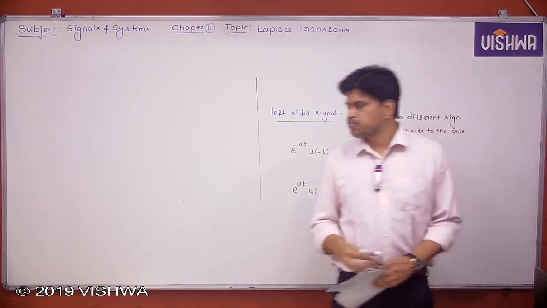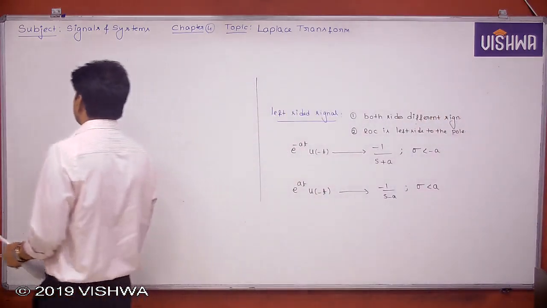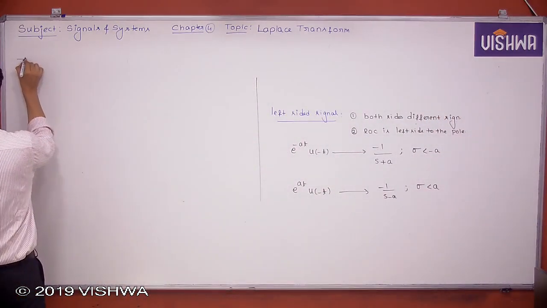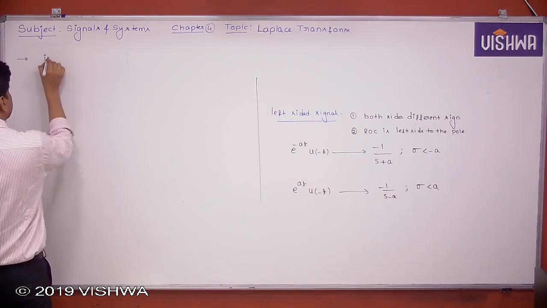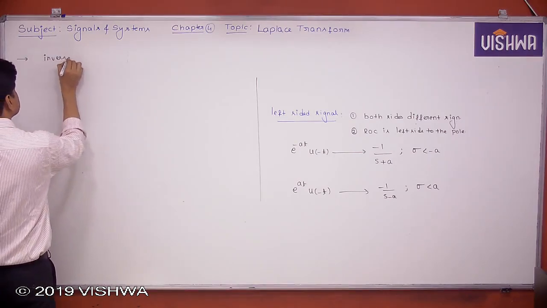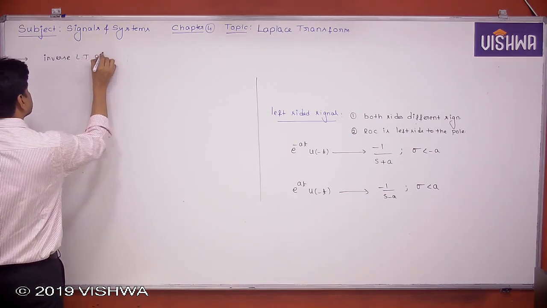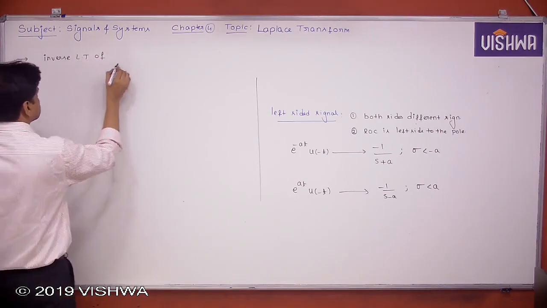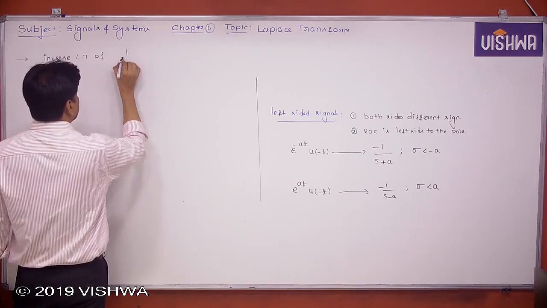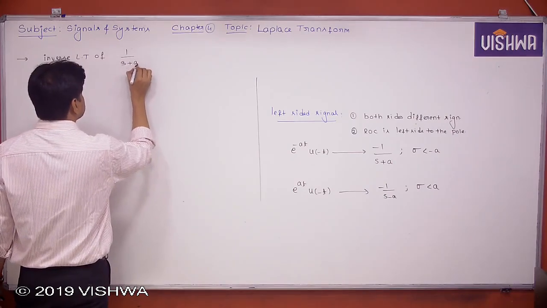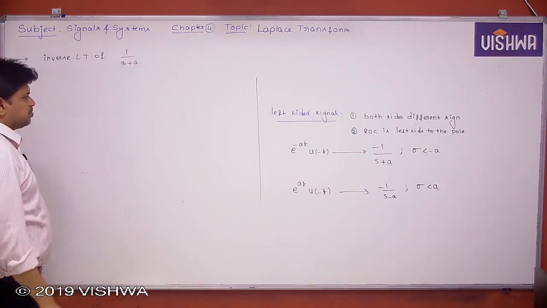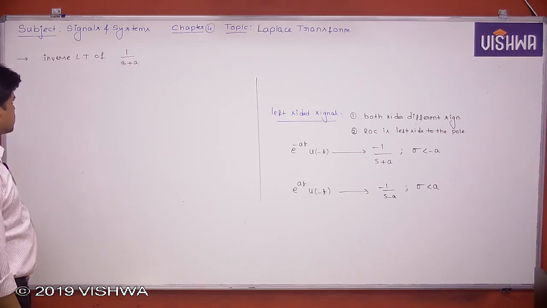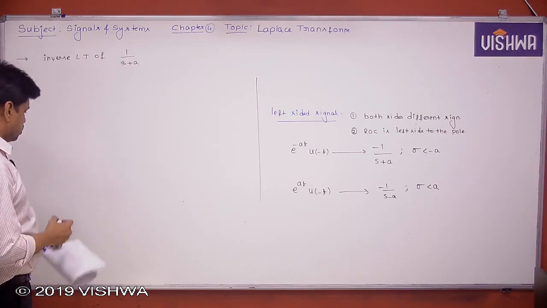If I ask the inverse Laplace transform of, let's say, 1 by s plus a, what is your answer? What is the inverse Laplace transform of 1 by s plus a?